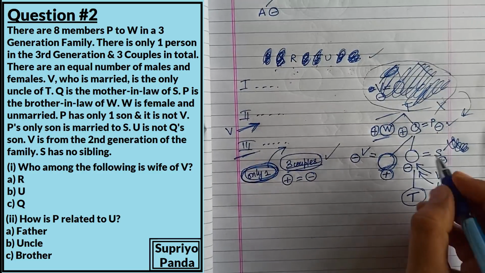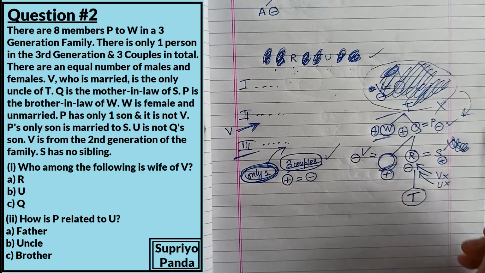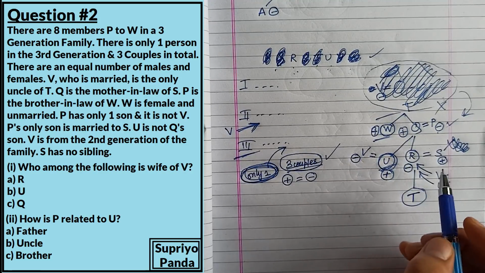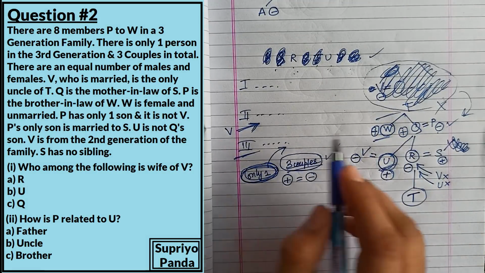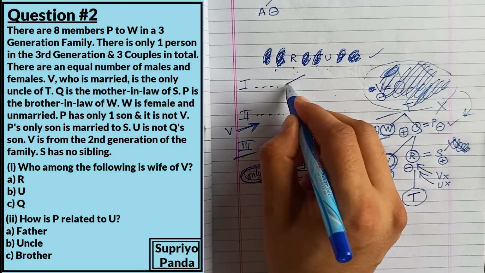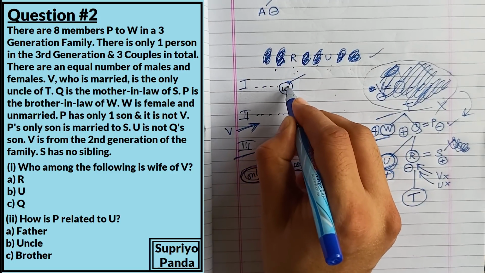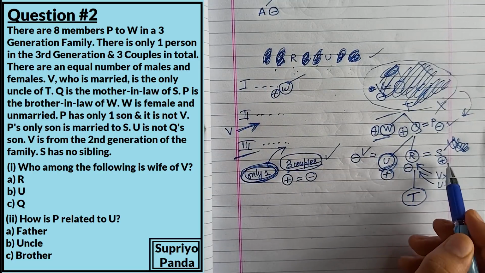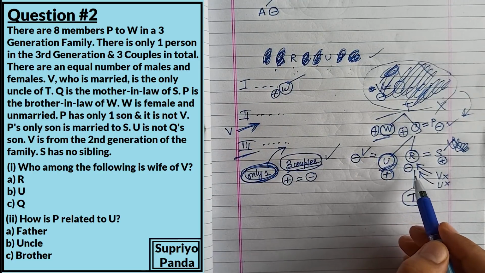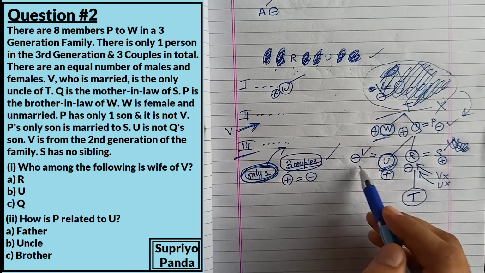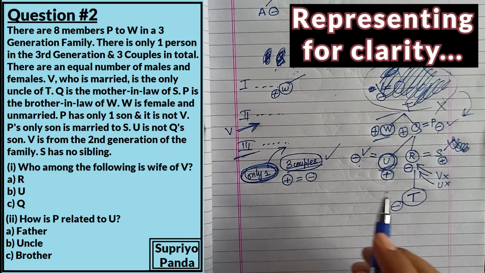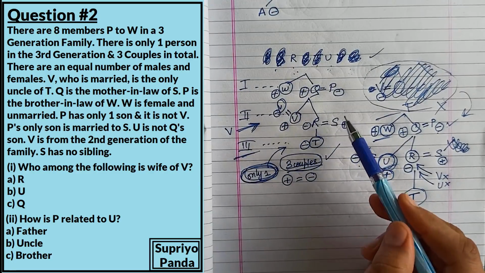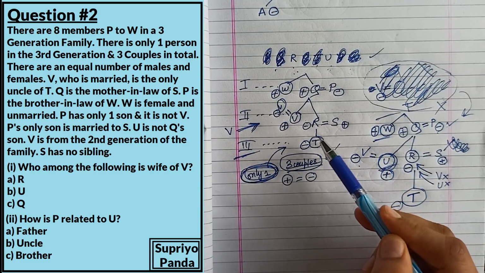So the only person that can be placed over here is R. Okay, and now by default this becomes U. So let us just represent this in a good way so that we do not have this kind of a dirty arrangement. So we have W over here. W is female, and by the way we have 4 females over here, right? So we need to have 4 males. So we have male, male, male, and this one will also be male. Fine. So this is the entire representation of your family tree.